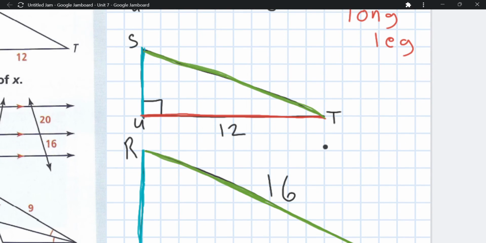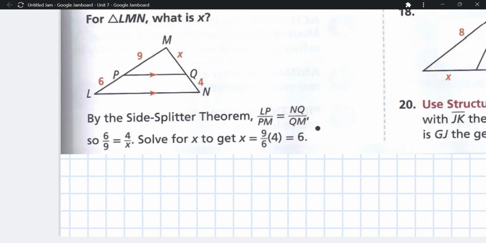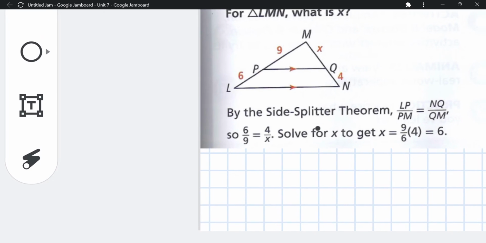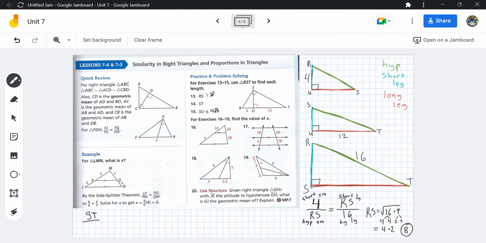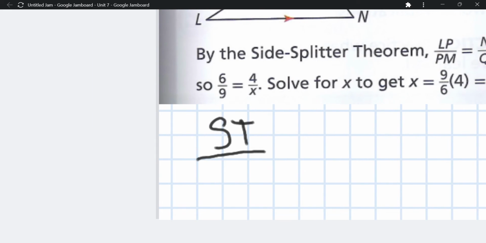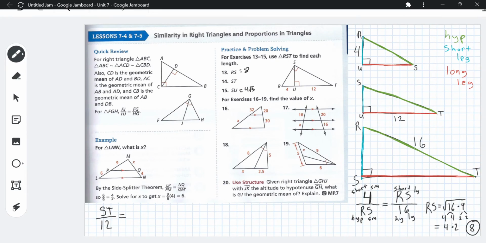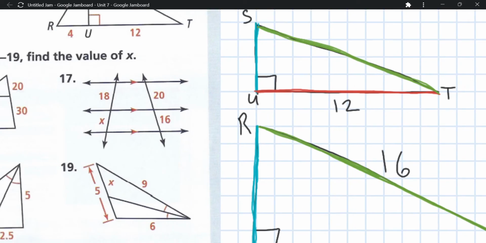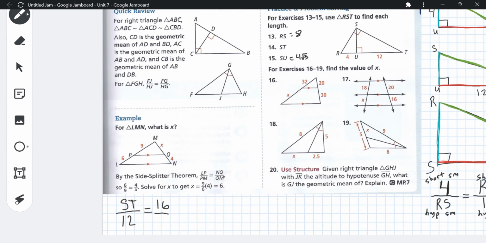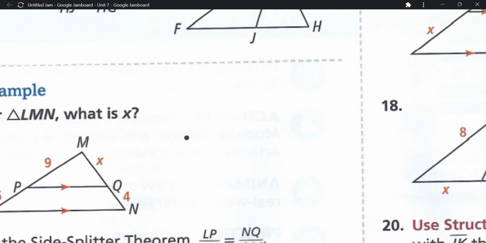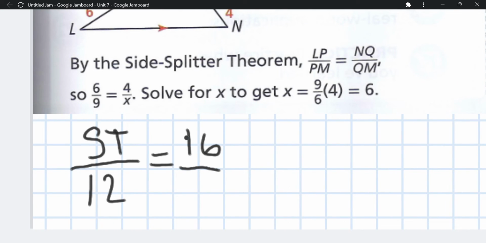So this is my hypotenuse side, so ST. ST is to my hypotenuse, is to my long side, which is 12 in the medium. So ST is to 12 as my hypotenuse in the big one, 16, is to my long side in the big one, which is ST. I picked these two because I needed to have a shared side.